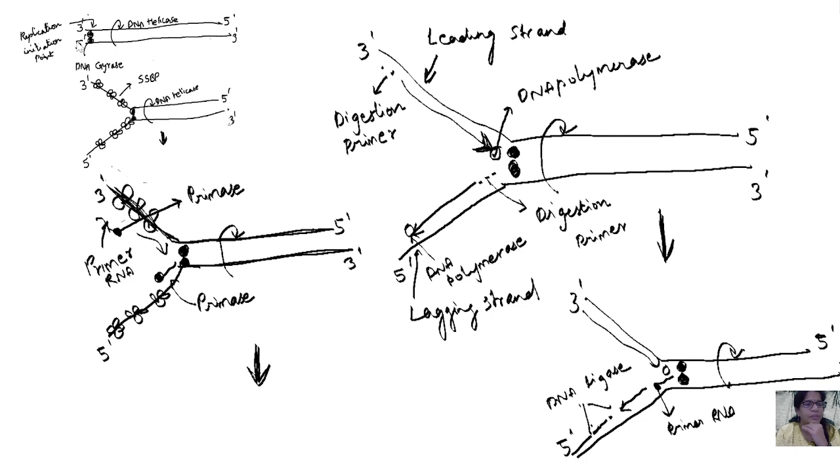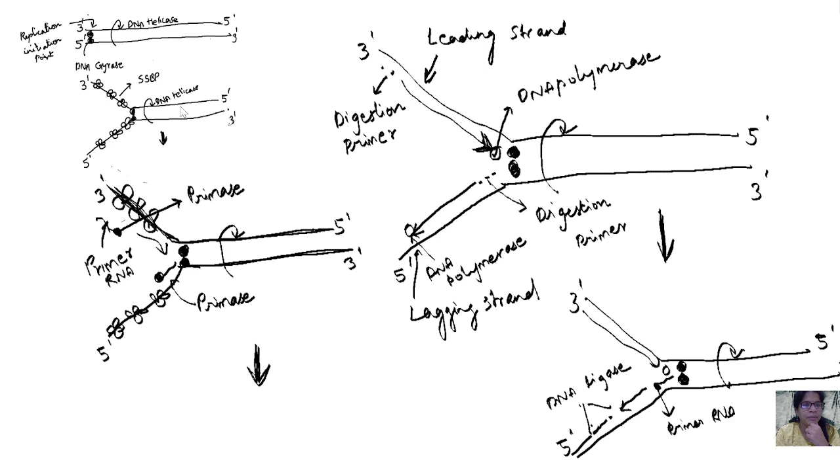Each and every DNA has an origin of replication, the ORI site, where the initiation starts. Now this is a DNA helicase that would help in unwinding. Once they have unwound, this is called the replication fork. It resembles a fork, so it is called a replication fork.